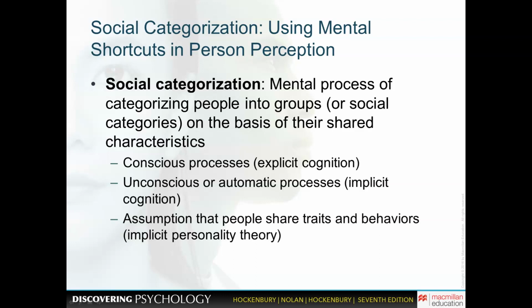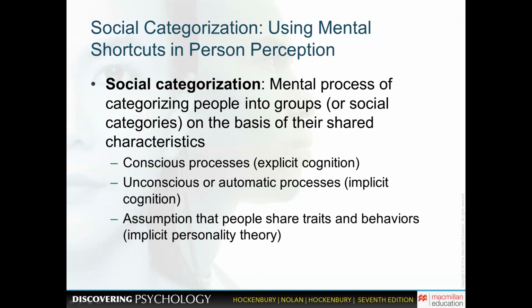The first of these is explicit cognition. Explicit means that we are consciously engaging in certain processes, so it tends to be deliberate, conscious mental processes involved in how we perceive, how we judge, how we make decisions, and in our reasoning processes.